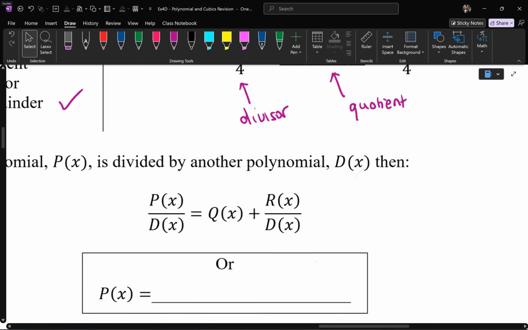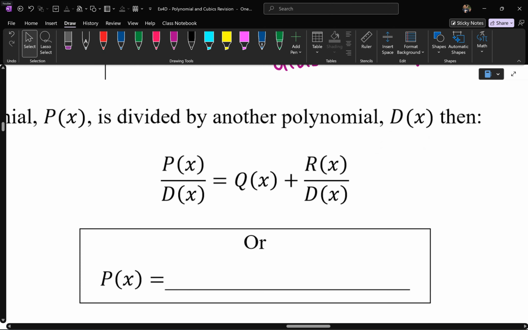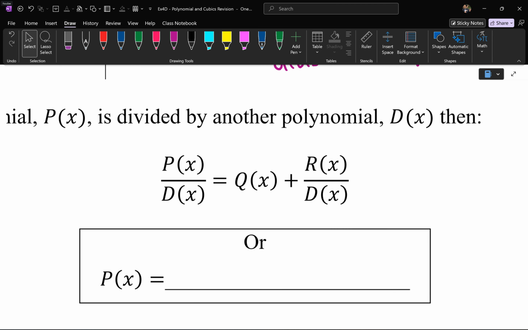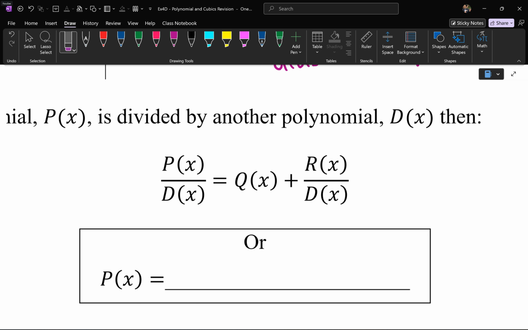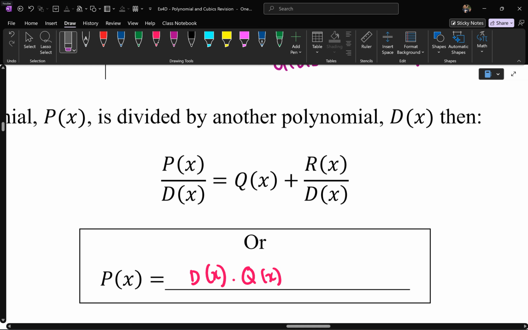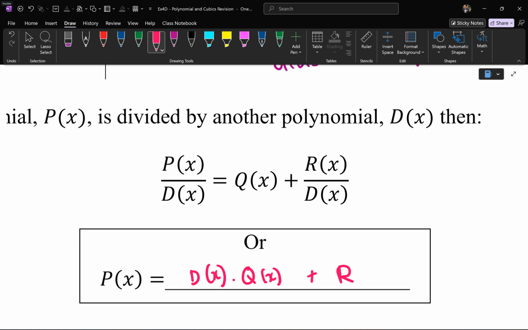Now, right here is essentially where the basis for your remainder theorem comes from. But underneath I wrote "or", so there's another version that you can look at. Rearrange that equation. Instead of having the divisor on the bottom, you can eliminate it by multiplying both sides by d of x, whatever the divisor is. That will give you d of x multiplied by q of x, and then d of x times the fraction will just become r of x.